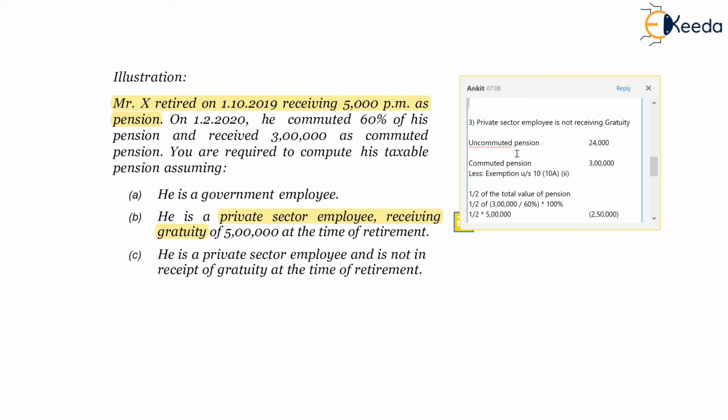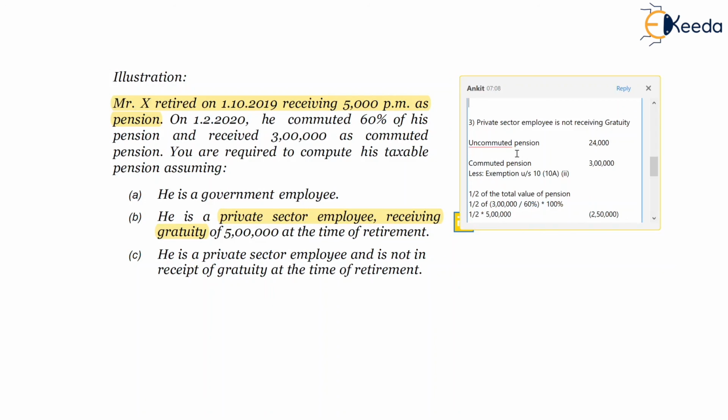So friends, this illustration covers the entire provision of pension, right? And this subtopic was concentrating on the exemption amount from the commuted pension value. What we have understood from this subtopic is the meaning of annuity pension, what is uncommuted pension, what is commuted pension, and what their taxability is under the provisions of the Act.